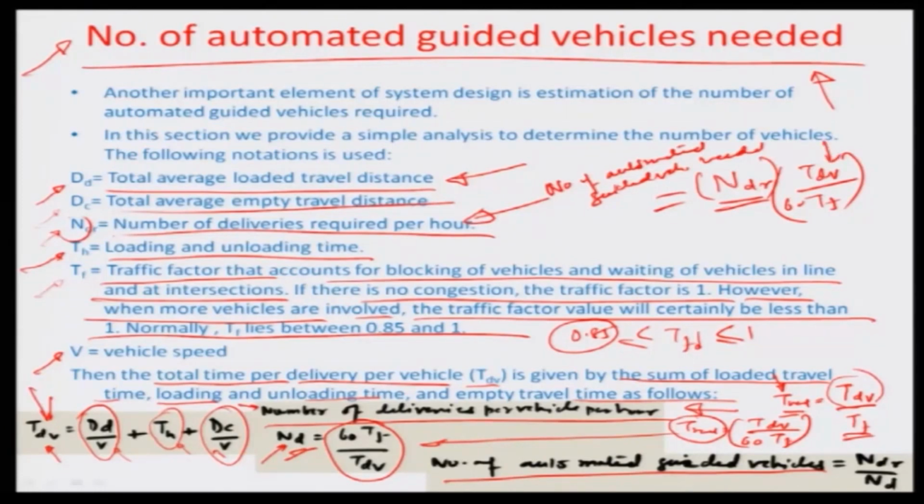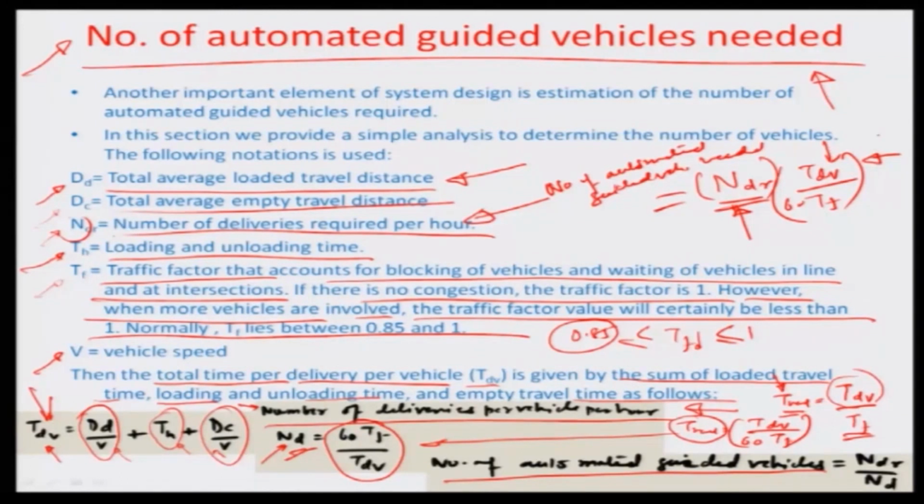So this is the deliveries per hour, and this is the total time needed for performing one delivery of one vehicle. This is basically how you calculate the total number of automated guided vehicles which are needed.